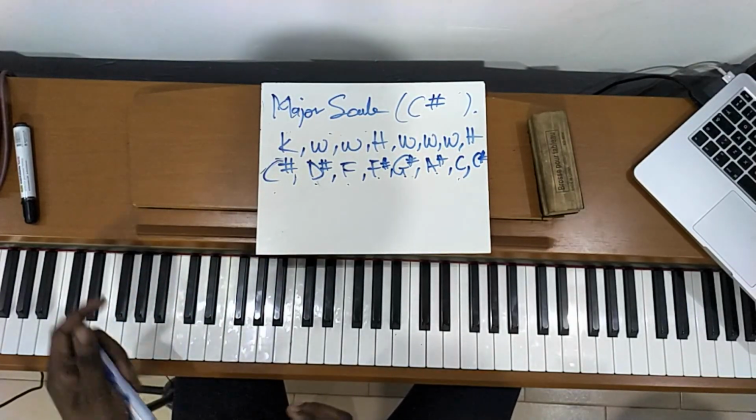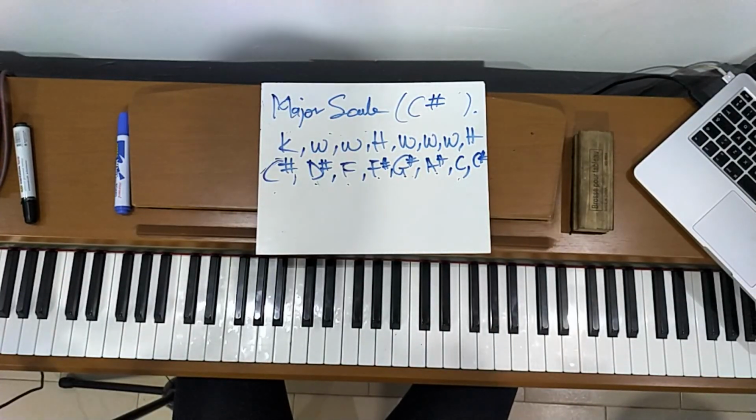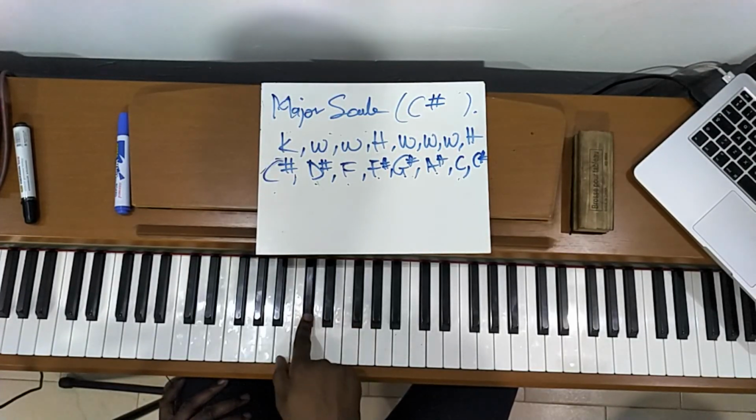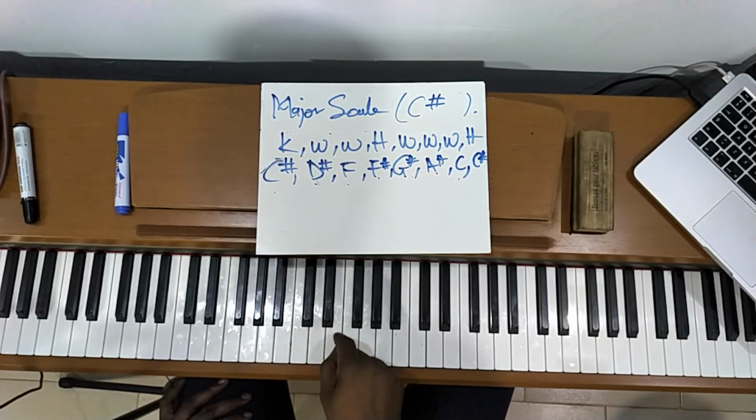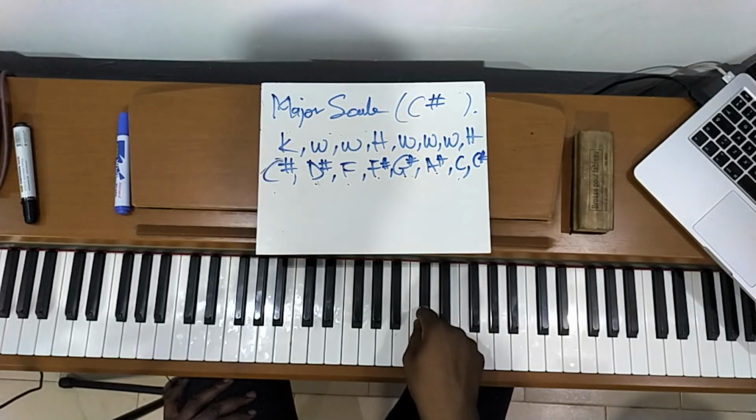So let's cross check and see if everything is correct. In the key of C sharp, our major scale will be C sharp, that is the key, whole step, half step, whole step, whole step, whole step, half step.